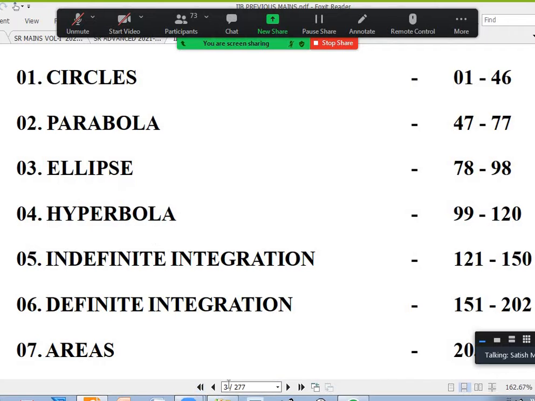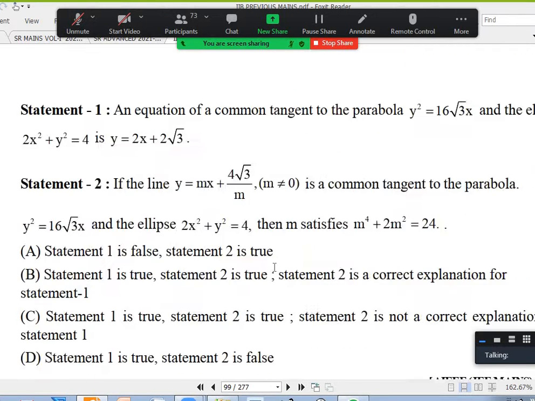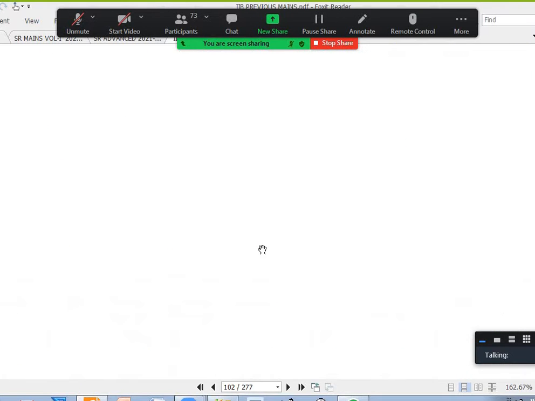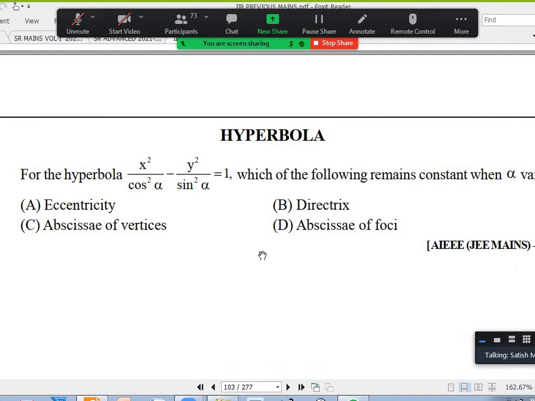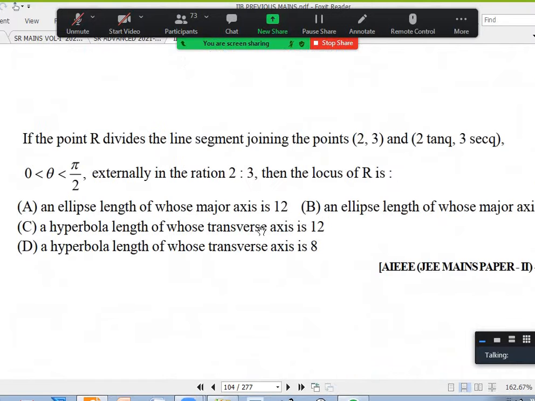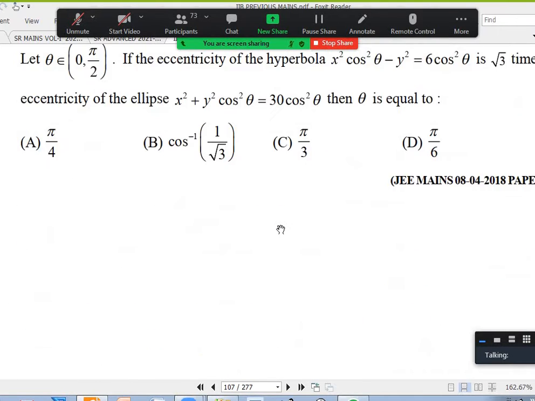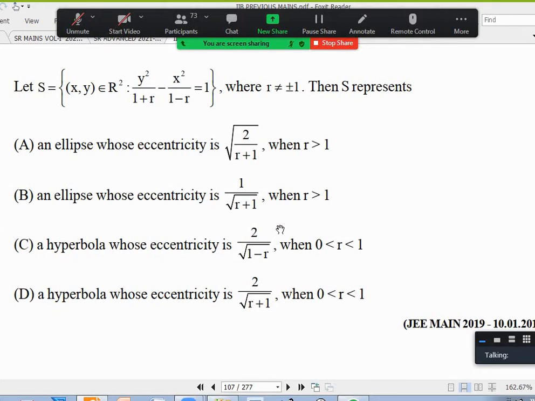Okay, hyperbola is on page number 19. Yes, tell Sriharsha which one you got out. The 10th one. Okay. When will it represent an ellipse or a hyperbola, and with what eccentricity?